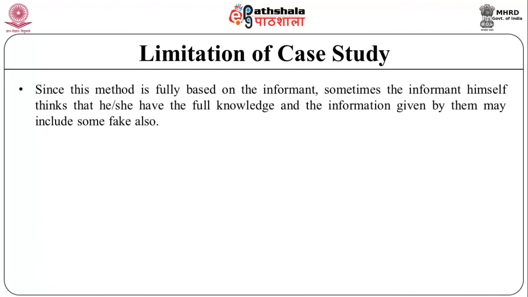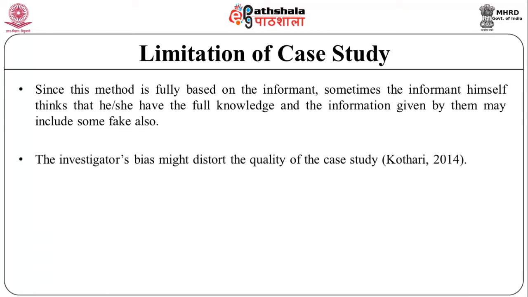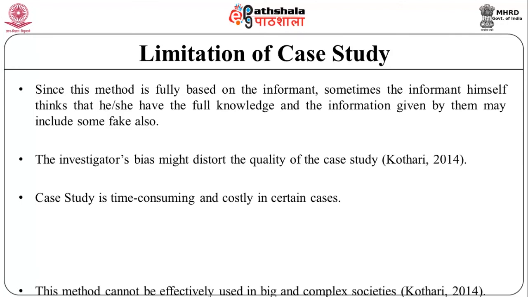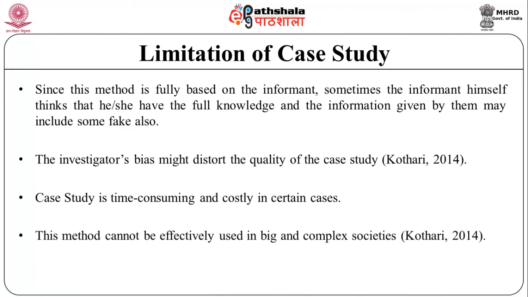Since this method is fully based on the informant, sometimes the informant thinks that she has full knowledge, and the information given may include some fake information also. The investigator's bias might distort the quality of the case study, Kothari 2014. The case study is time consuming and costly in certain cases. This method cannot be effectively used in big and complex societies, Kothari 2014.